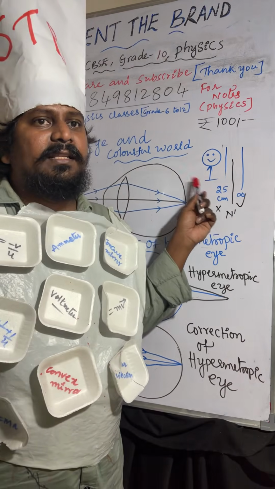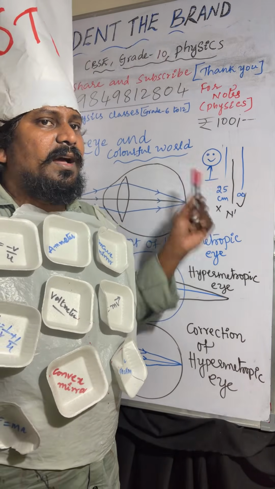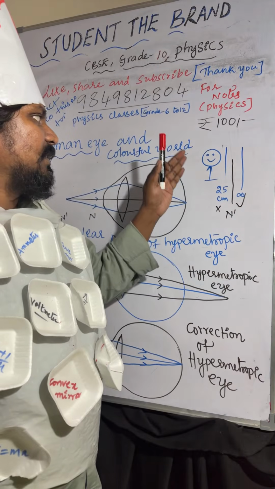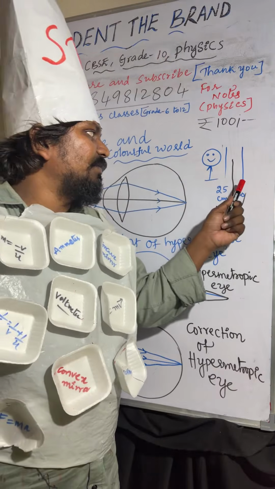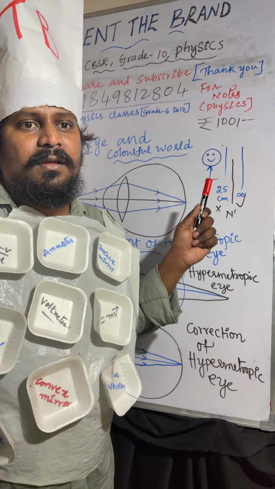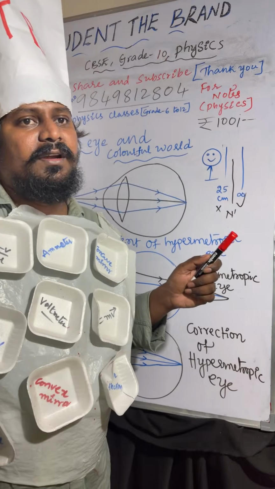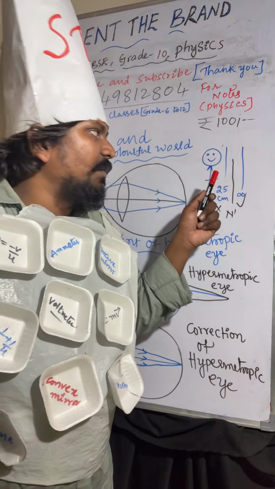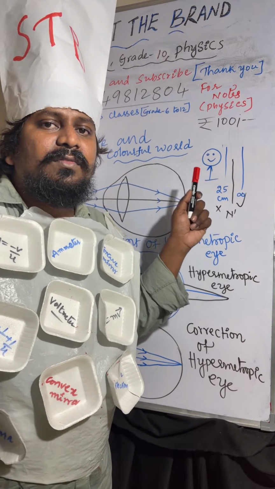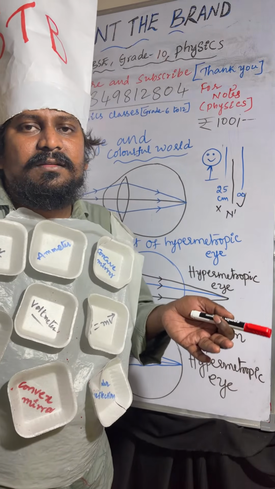First you have to understand the concept. The person who has a hypermetropic eye can see from the far point, but he can't see at 25 centimeter. If the light rays are coming from 25 centimeter, he is not able to see.